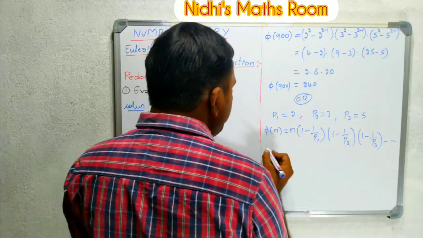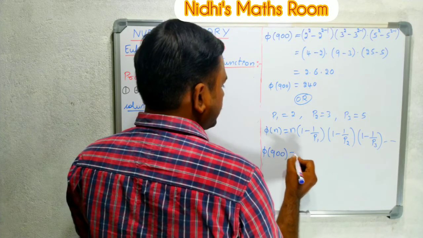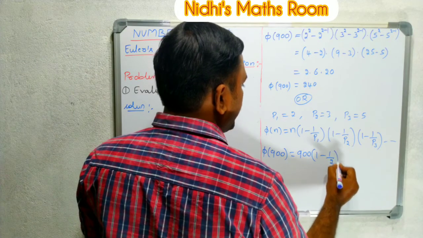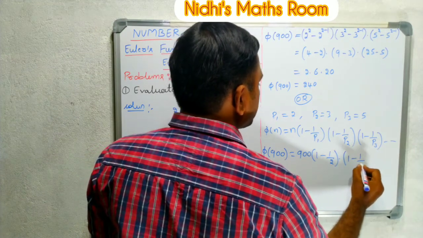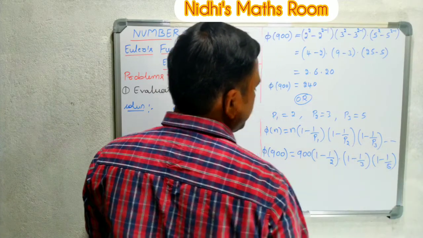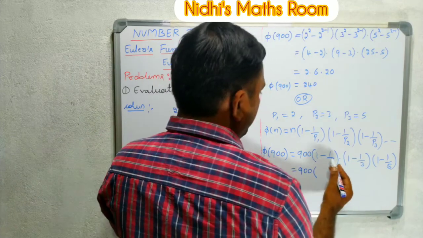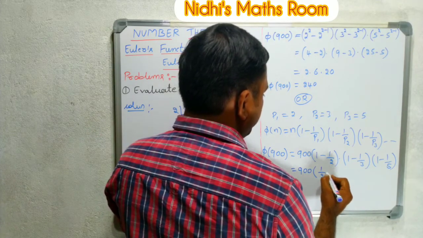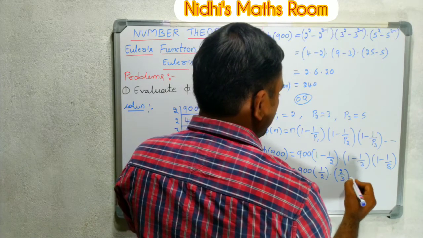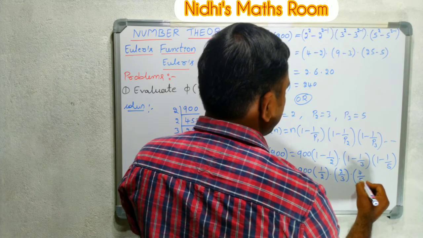So here phi of n is nothing but 900, that is equal to 900 into 1 minus 1 divided by 2 into 1 minus 1 divided by 3 into 1 minus 1 divided by 5. 900 into 1 minus 1 by 2 is nothing but 1 by 2. 1 minus 1 by 3 is nothing but 2 by 3. Into 1 minus 1 by 5 is nothing but 4 by 5.